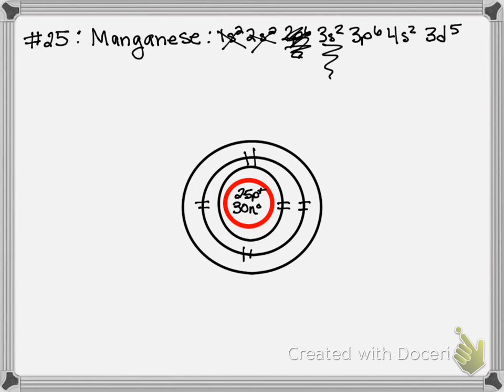Alright, let's get the first 2 electrons on the right. Done. Now, let's get the 3p6. Top, left, bottom, top, left, bottom. Done. Looks like now we are going to need to jump to the fourth ring to get the 4s squared.